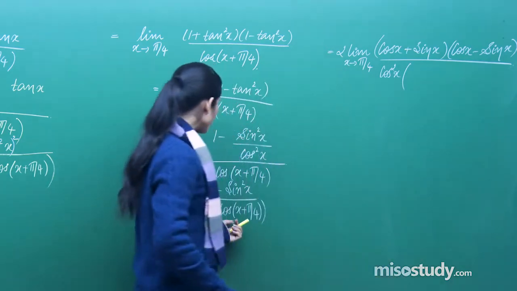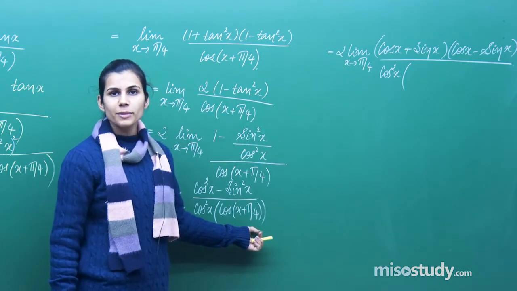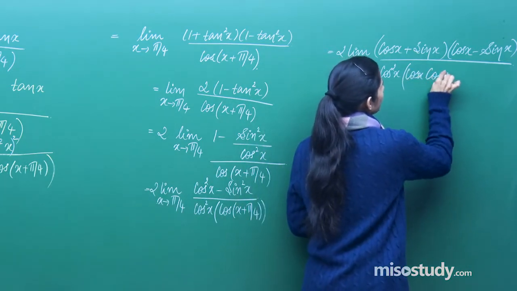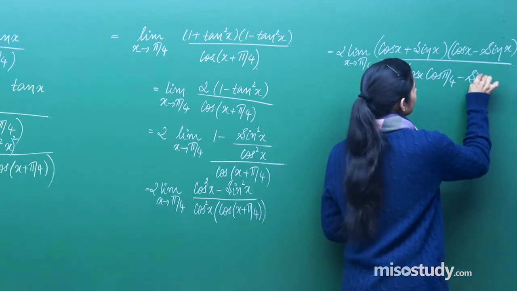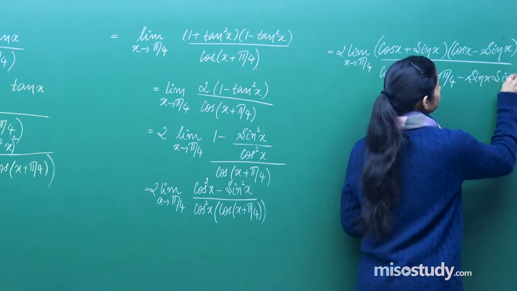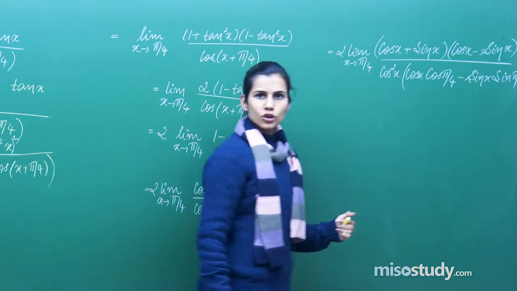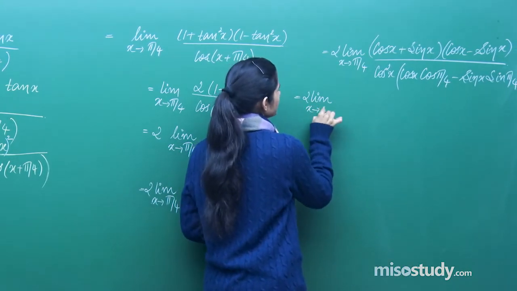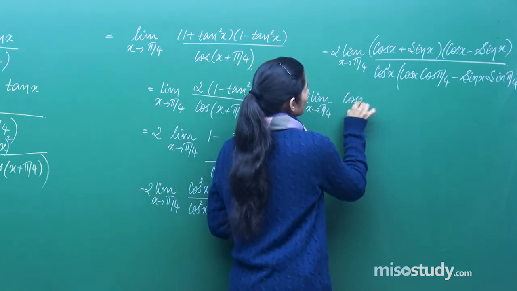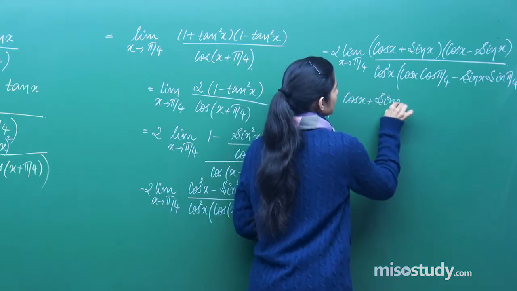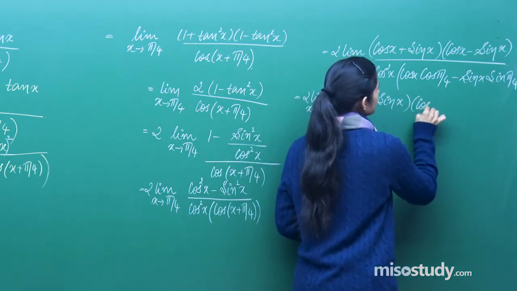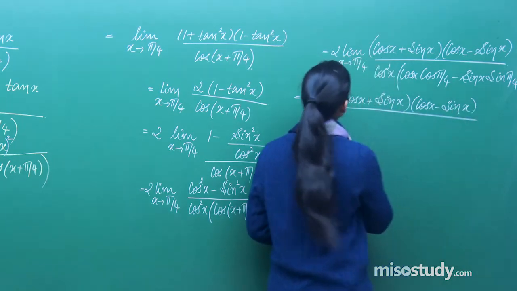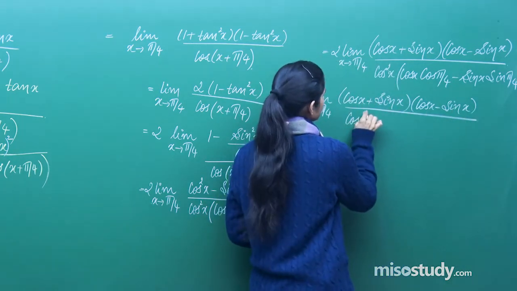And here, if I talk about cos of x plus pi by 4, you can directly recall the formula cos of a plus b, which is cos a cos b minus sin a sin b. Cool enough? This will be twice of limit x approaches pi by 4 of (cos x plus sin x) into (cos x minus sin x) whole upon cos square x.